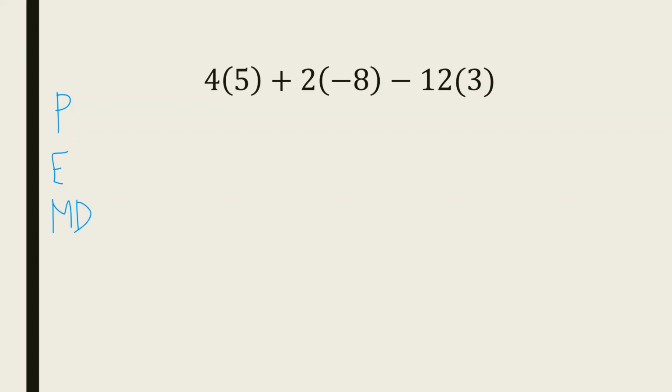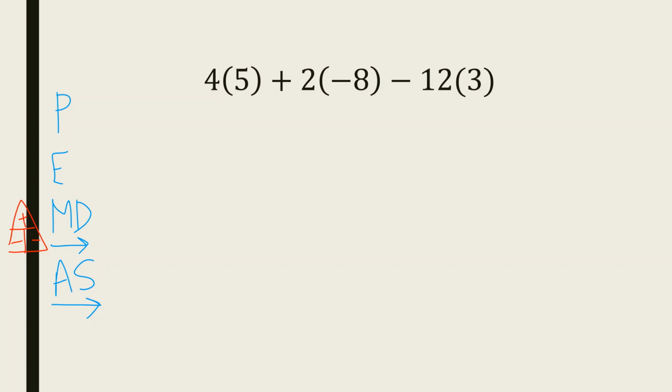Underneath multiplication and division, don't forget to draw an arrow. That tells us that we need to go from left to right, as well as for addition and subtraction. Now next to M and D, we need to also draw our triangle. This helps us know whether our product or our quotient is going to be a positive or a negative integer.